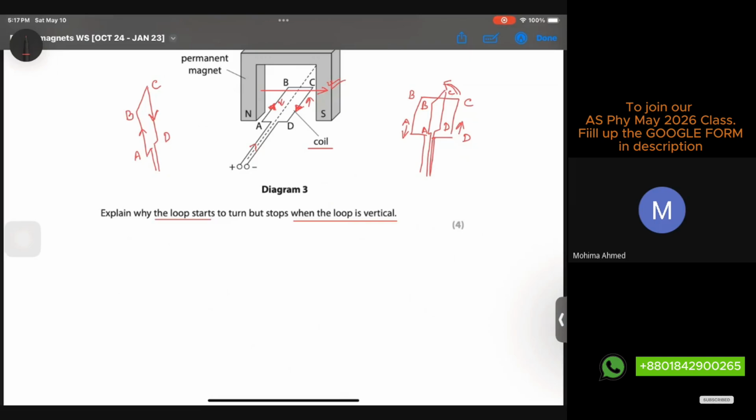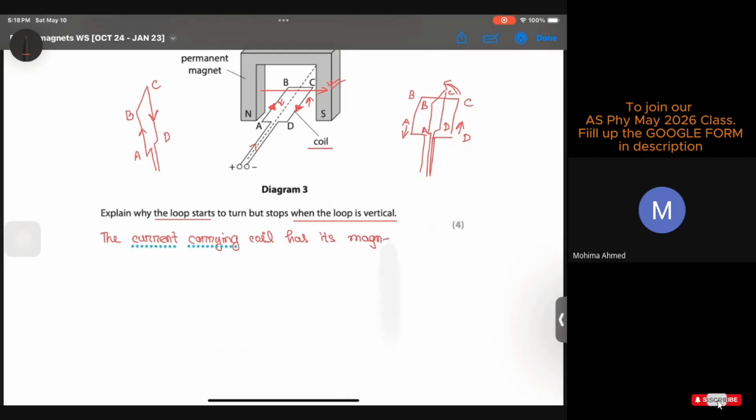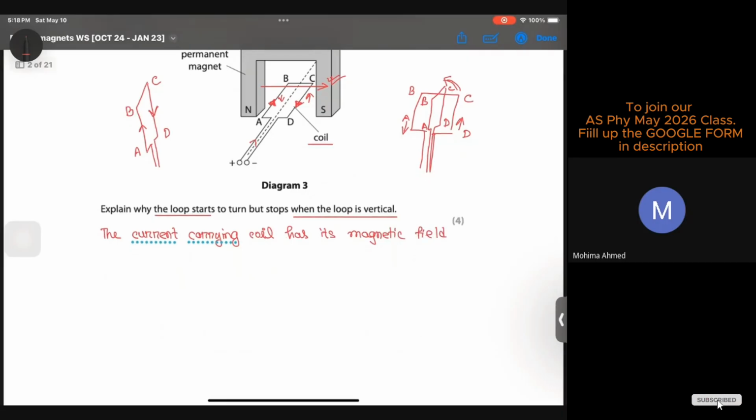You just have to say that the current carrying coil produces a magnetic field that interacts with the field of the magnet.